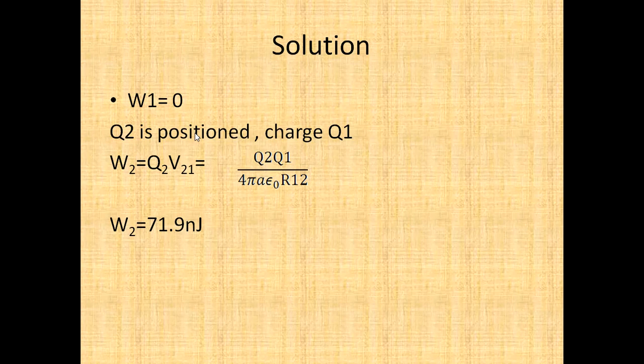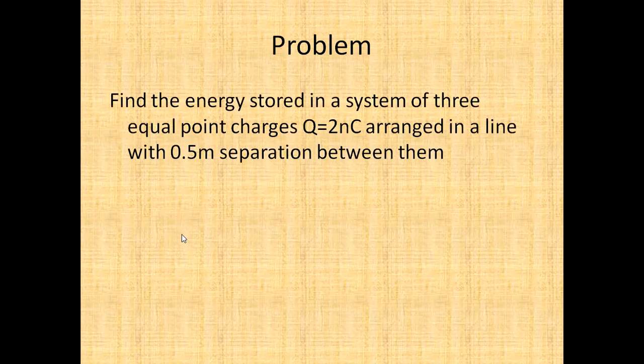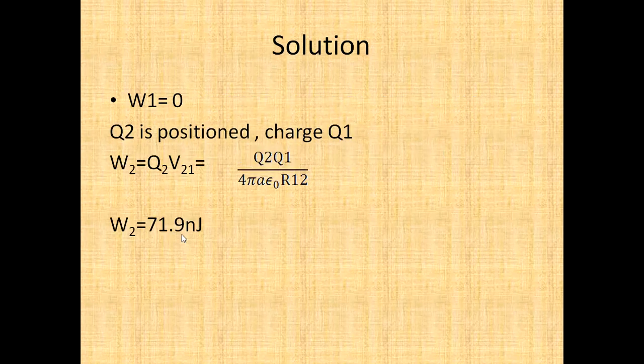Q2 we know, and V21 is calculated as Q1 upon 4 pi epsilon naught R12. Substituting the values of R12, epsilon naught, Q2 and Q1, we get W2 as 71.9 nanojoule. The Q values are given and the separation distance is given as 0.5 meter. Only numerical values have to be substituted.